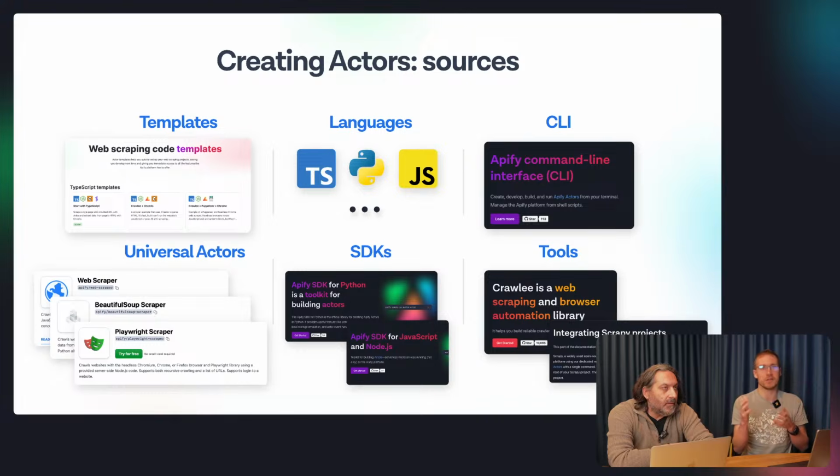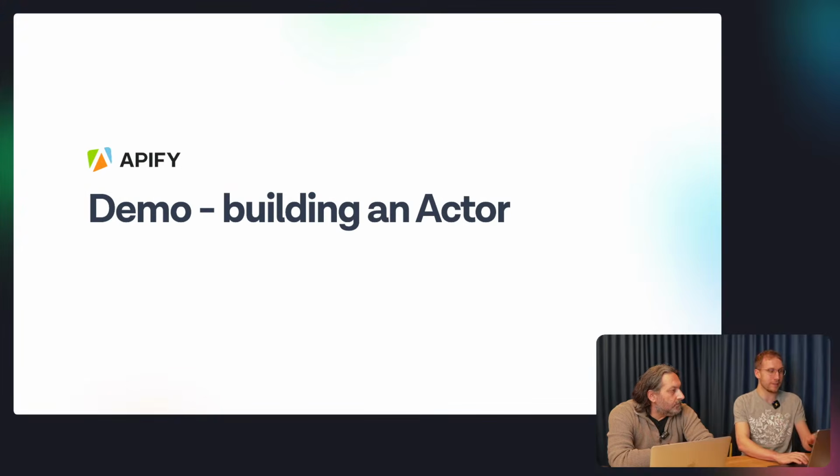And it is very easy. You just use CSS selectors or jQuery or some other library in this heart of the actor. And all the crawling of the pages and rotating proxies and downloading data would be taken care of by the universal actor. So without further ado, let's see how this looks in practice.